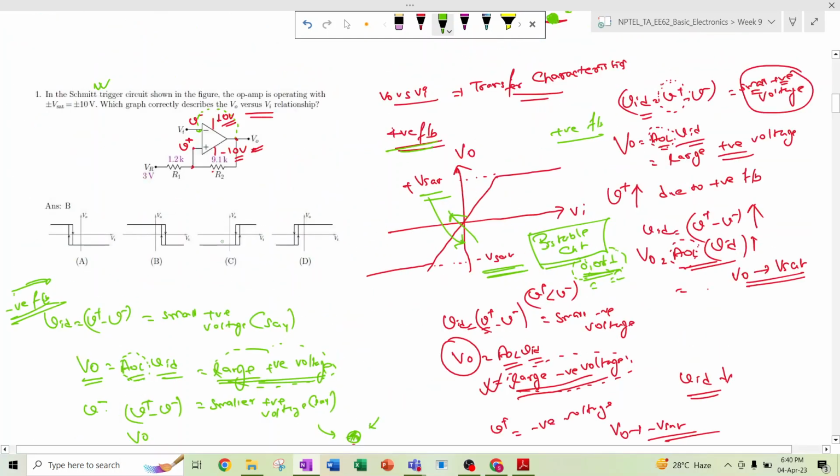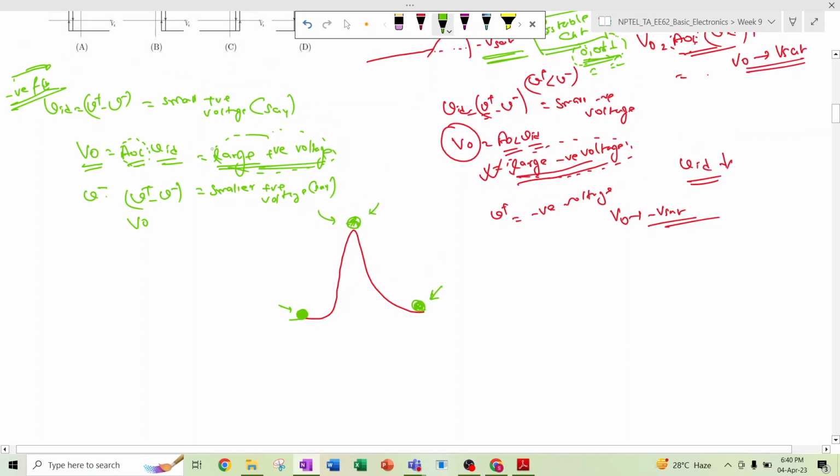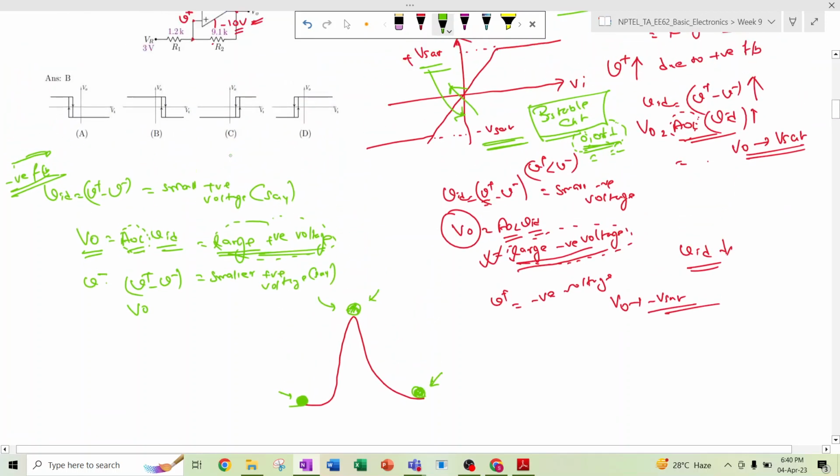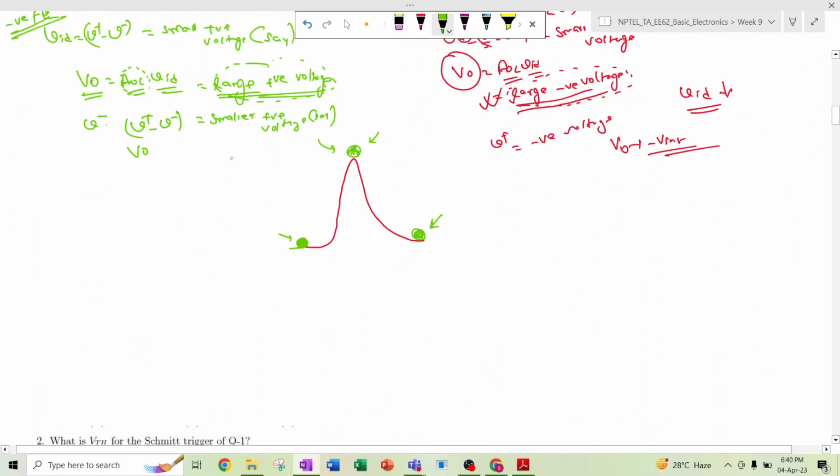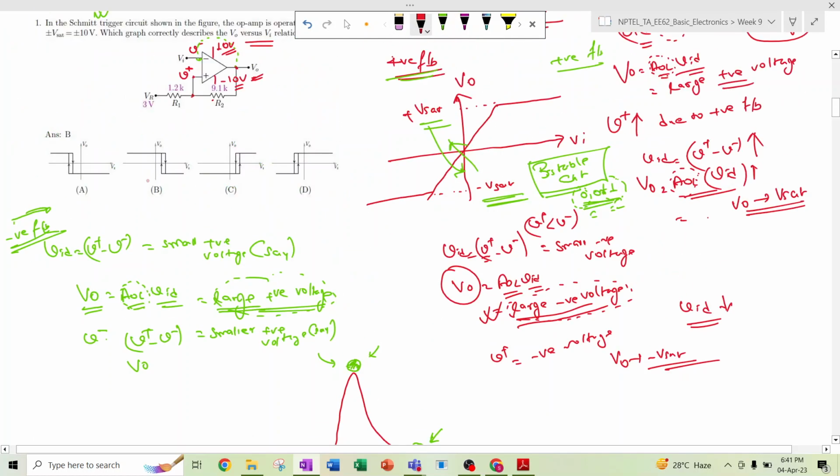So now what is the question? Here in this question we have to find the VO versus VI relationship, okay. To solve this, whatever we have already discussed, we must consider the values of V plus and V minus.